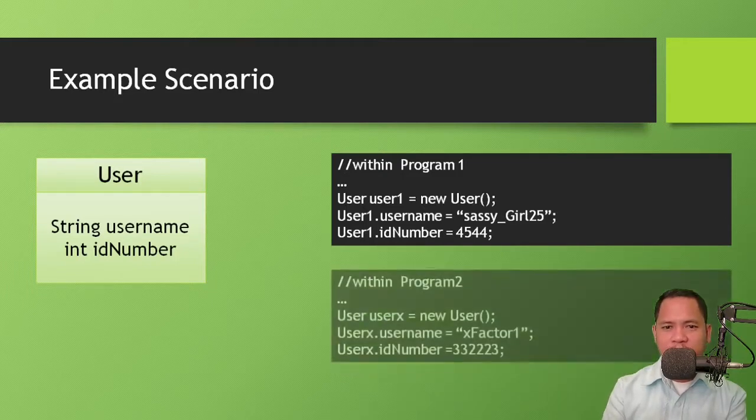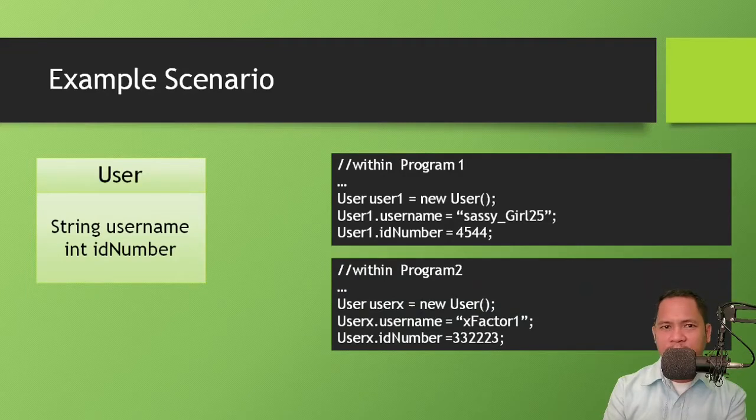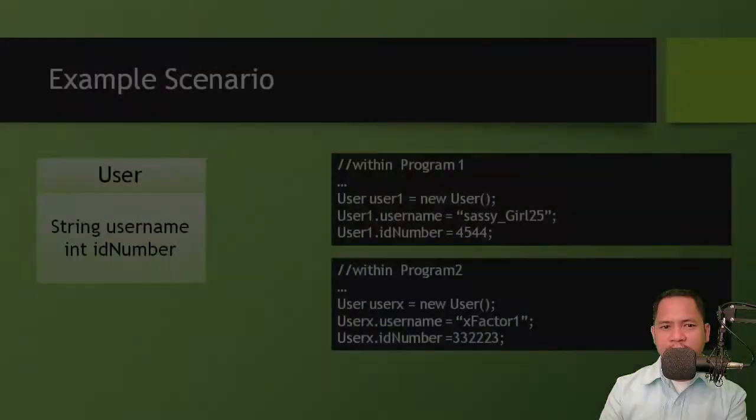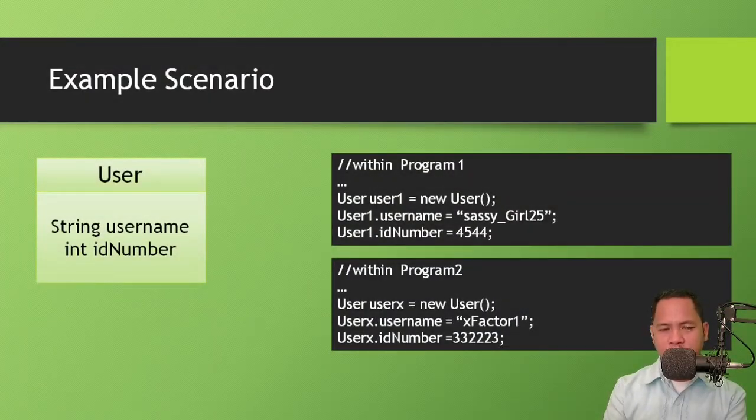Also, in another program, we might have another program accessing our user class and instantiating it like so. But what if we would like to impose rules on the username? For example, we want a username to only start with a letter.